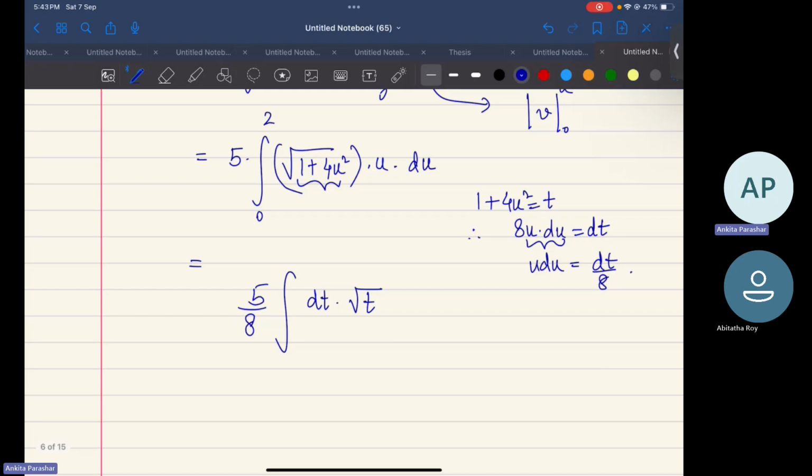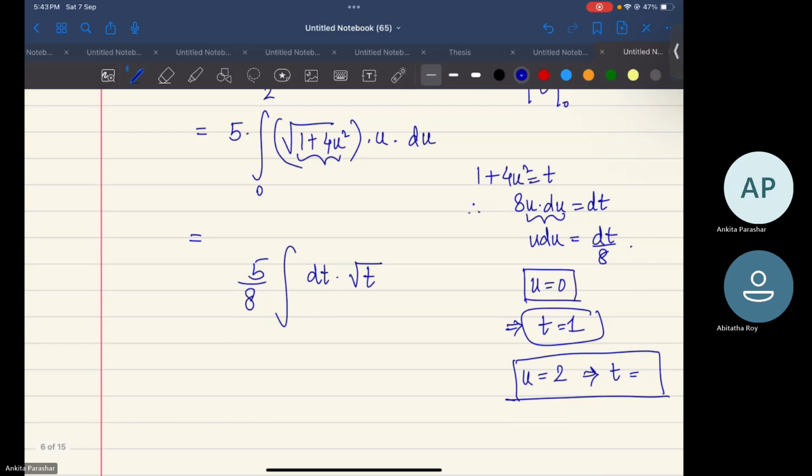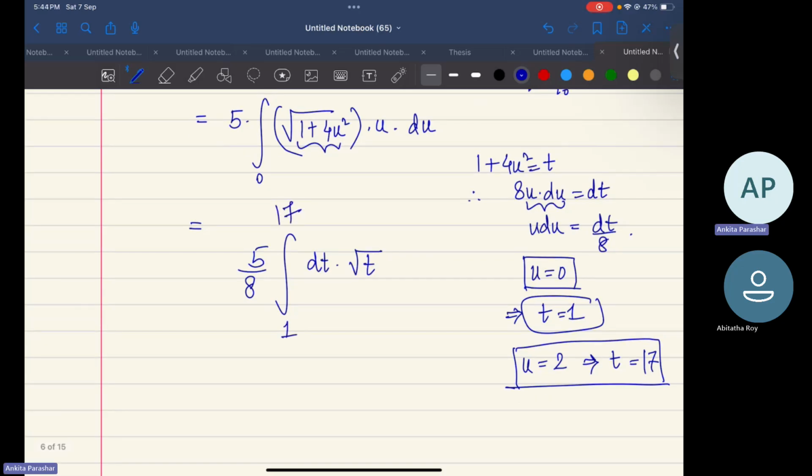But of course, the limits will change now. If u is 0, t would be 1. And if u is 2, then t will be 17. Limits from 1 to 17.